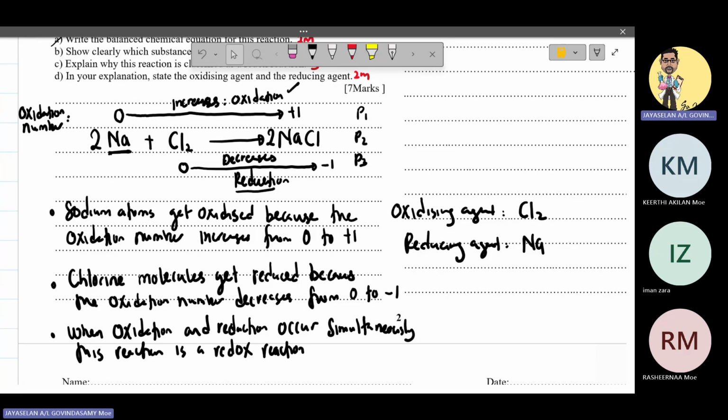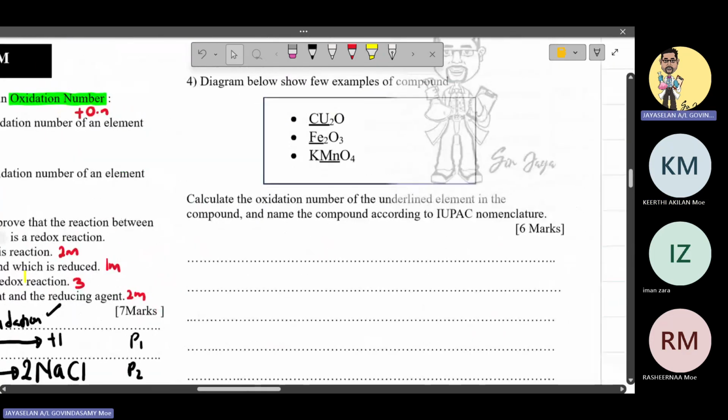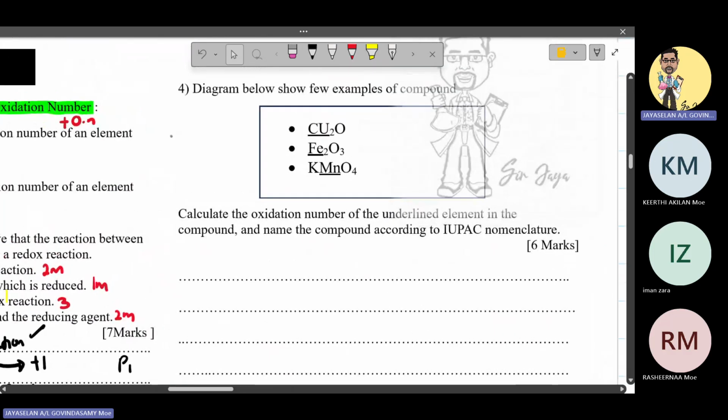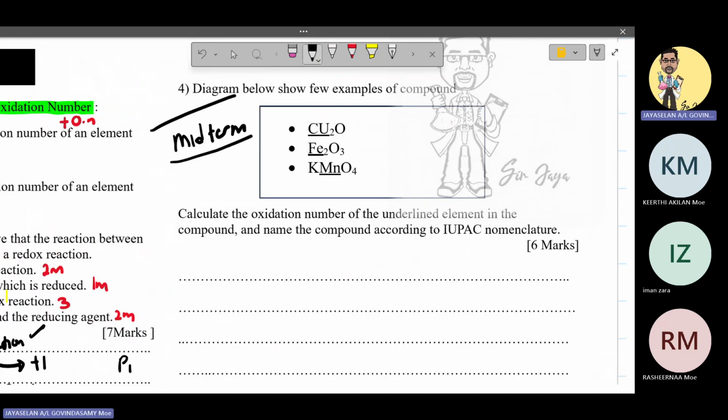If we continue, one person let me know. Kitty, do you want to copy? I already copied, sir. Okay. Now Rash, you can watch the recording. Okay, this will come out in your midterm exam. Maybe 4 marks or 6 marks. Midterm examination. This is really very famous. So make sure you practice.